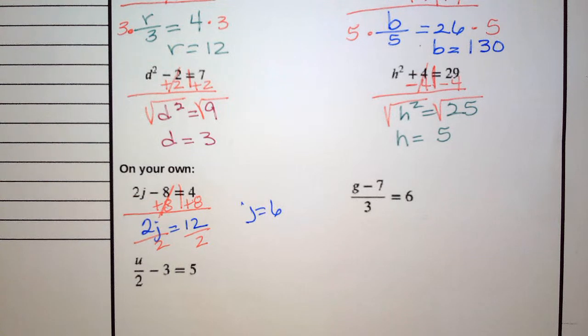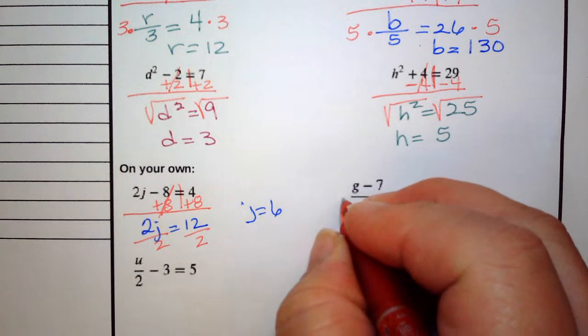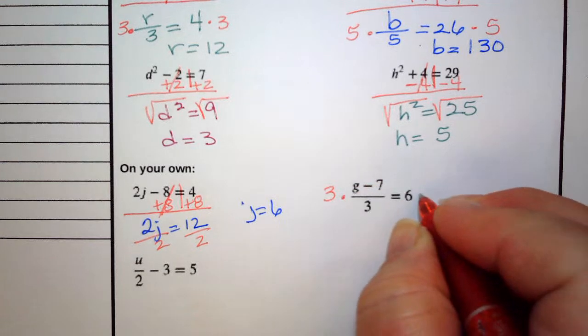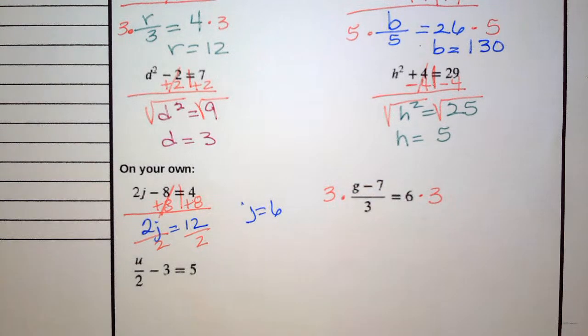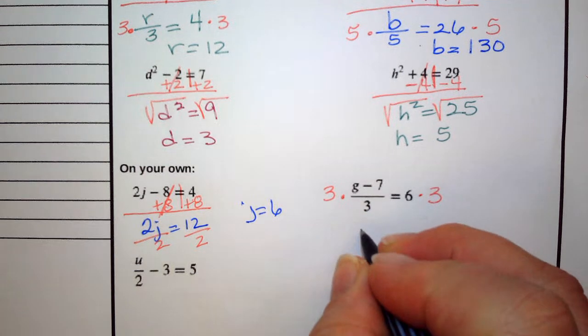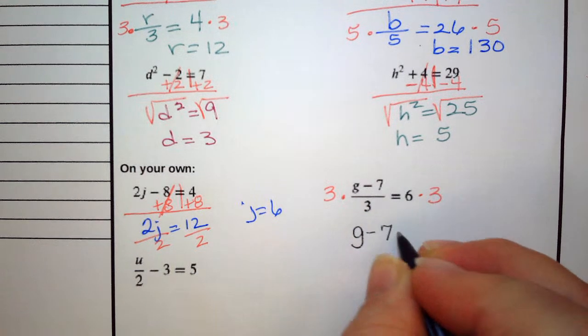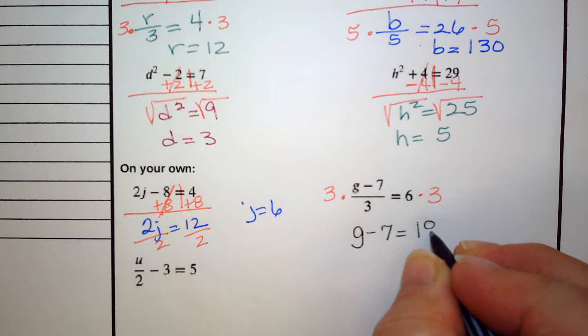For the next one, I've taken a number g. I've subtracted 7 and then divided that number by 3. My result is 6. How do I undo it? Multiply by 3 on both sides to begin with. I divided by 3 last. Okay, now g minus 7 is equal to 18.